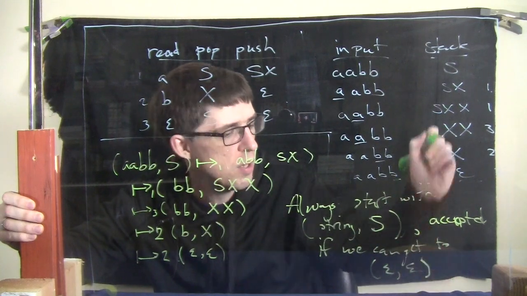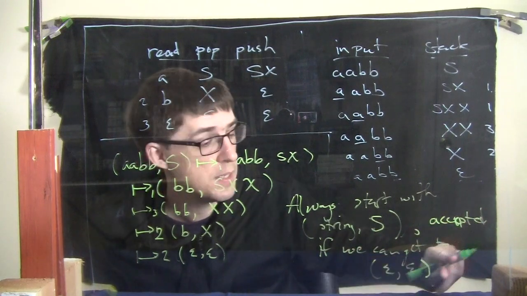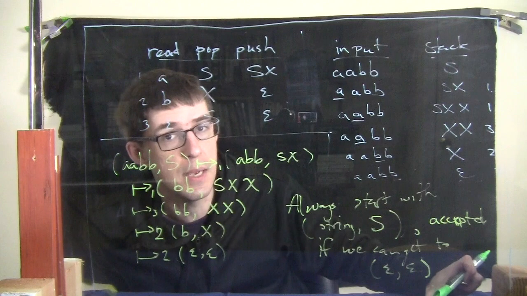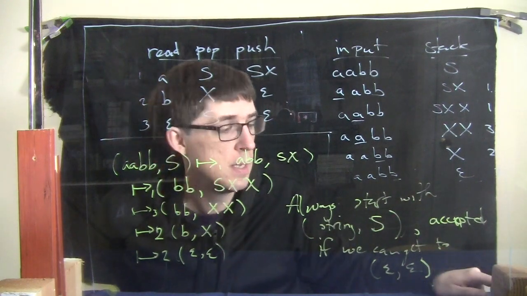That's what you're looking for. The first epsilon means you read the whole input string, and the second epsilon means the stack ends up being empty, which is what you need in order for the string to be accepted.